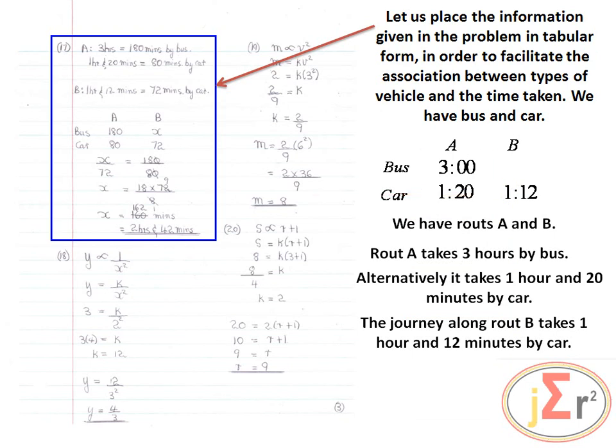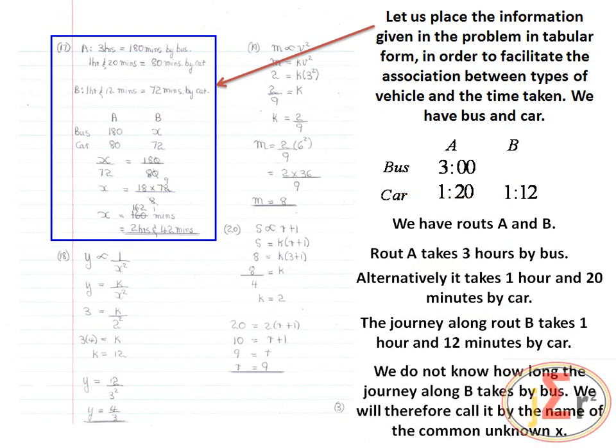And our special friend, we do not know how long the journey along B takes by bus. We will therefore call it by the name of the common unknown, which is X. So by bus, Route B, we do not know, we call that X.